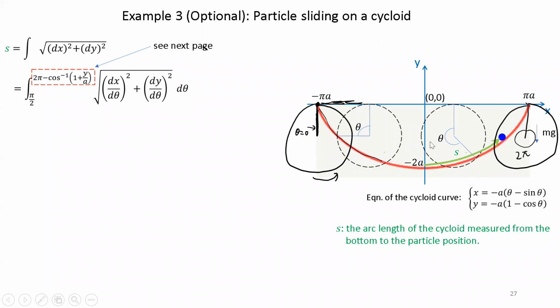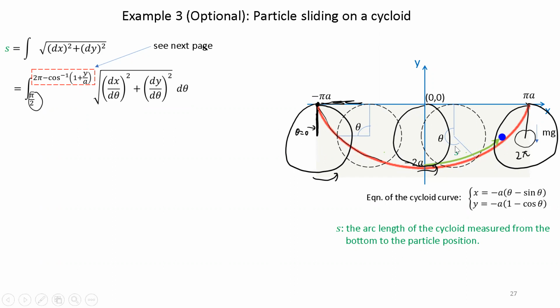When this wheel is exactly at the middle, you can easily know that over here theta is pi over 2. Because I'm talking about this arc length over here, I have to start my wheel at this point, which is theta equals pi over 2, and then let it roll.